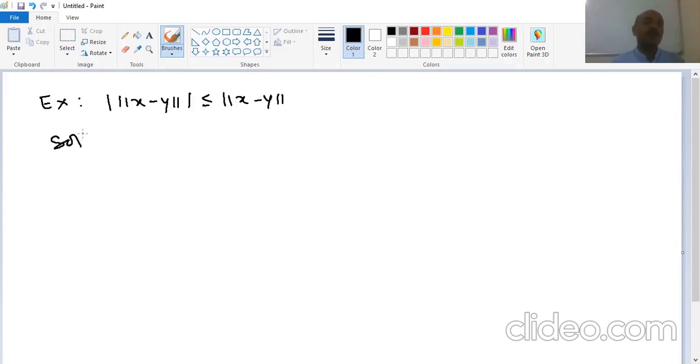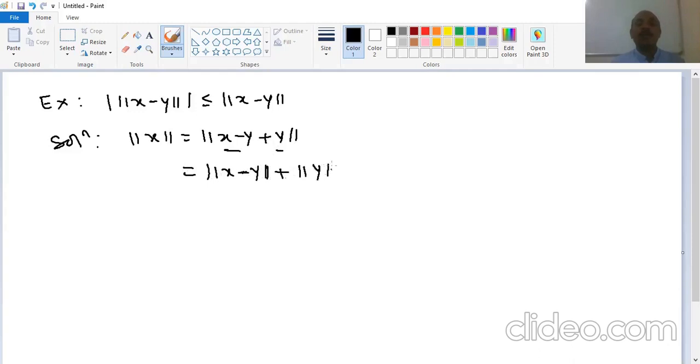Solution. As we know, norm x can be written as norm of x minus y plus y. Add and subtract y. Again apply the second condition: norm of x minus y plus norm y.